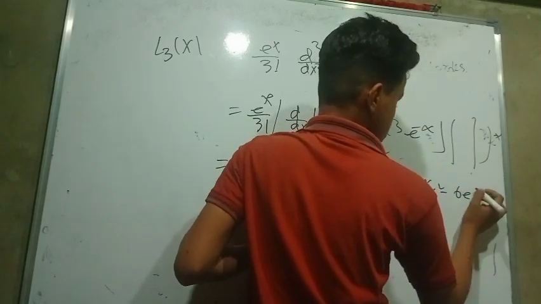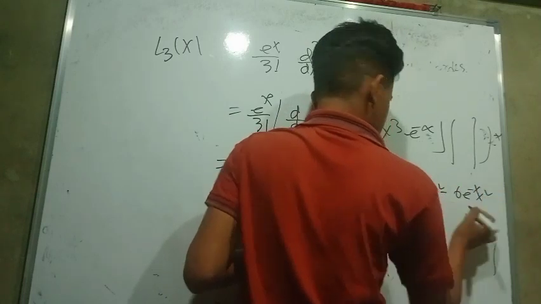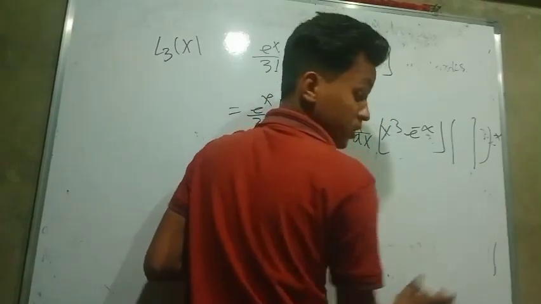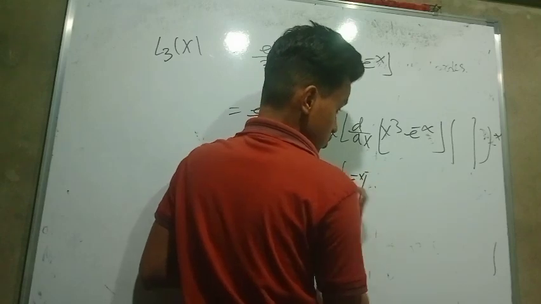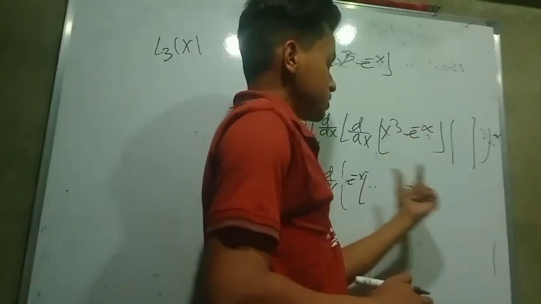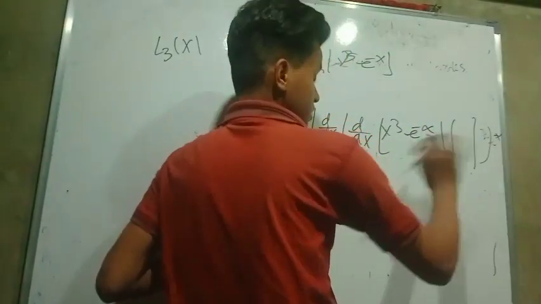Then 6x e^-x, since it is minus, it will give us plus. So let's take e^-x common. So we have taken here x to the power 3. So we have to differentiate it 3 times and change the sign here, minus. So we have to change the sign so that it will give our result.